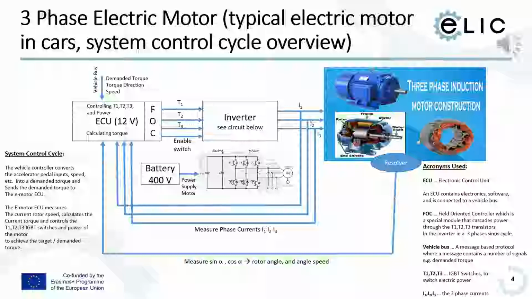T1, T2 and T3, these are huge semiconductor elements which are on the circuit board of the inverter. You see the inverter circuit just in gray in the middle. And this inverter is providing current I1, I2 and I3 to the three coils inside the three-phase motor.